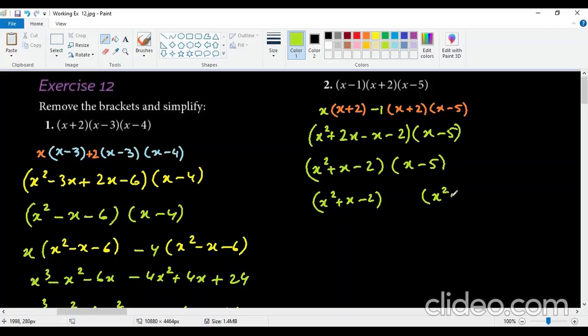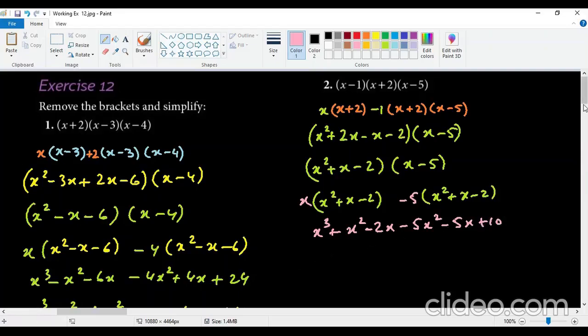x square plus x minus 2 two times I will write, and I will multiply first by x and second by minus 5. So this is going to give you x cube plus x square minus 2x and minus 5x square minus 5x and plus 10.